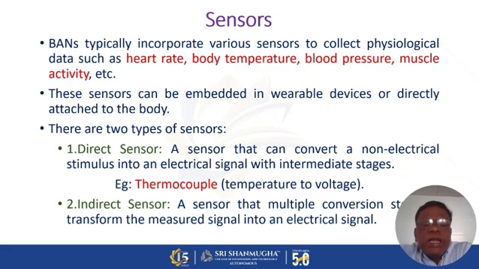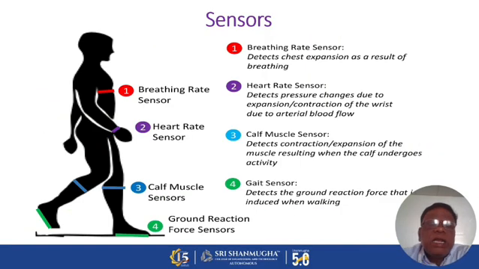Suppose an indirect sensor means it normally uses multiple conversions to transform the measured signal into an electrical signal. An example of a direct sensor is a thermocouple, where the temperature is sensed and converted to a voltage level.